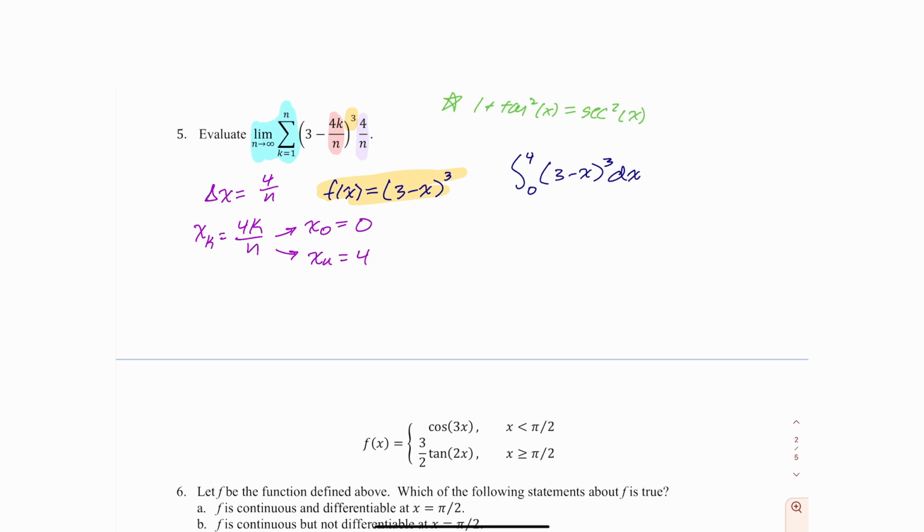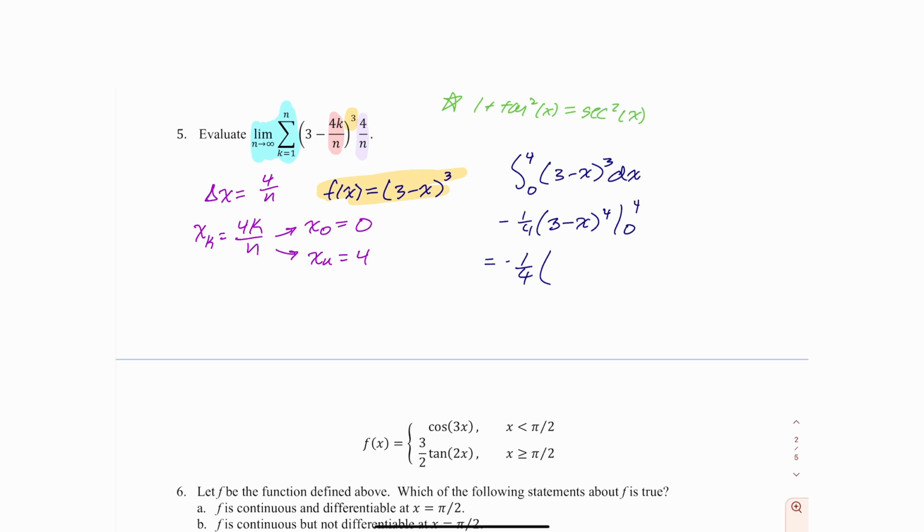All right, so we have multiple ways that we can do this. We can just integrate it, which is actually the easiest thing to do. So 3 minus x cubed. There should be a negative by the chain rule, so this will be negative 1/4 times 3 minus x to the 4th from 0 to 4. We could also do u substitution, which is maybe a safer thing to do, but I'm not going to do it. Well, I'll go back and do it because why not?